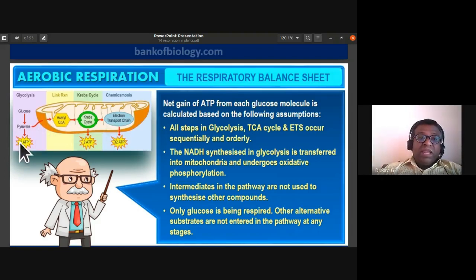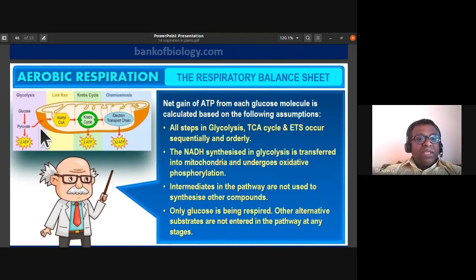So the 2 NADH2 synthesized during glycolysis are transferred to oxidative phosphorylation. The intermediates obtained in the pathway are not used to synthesize any other compounds.